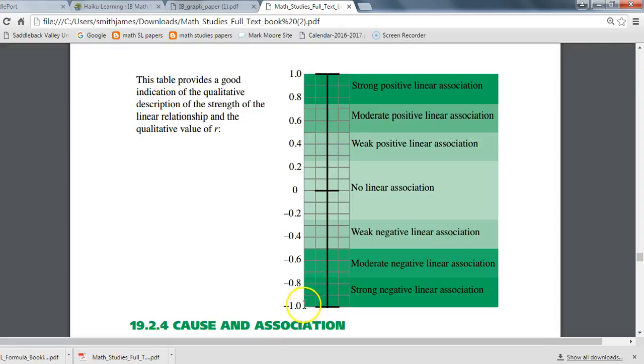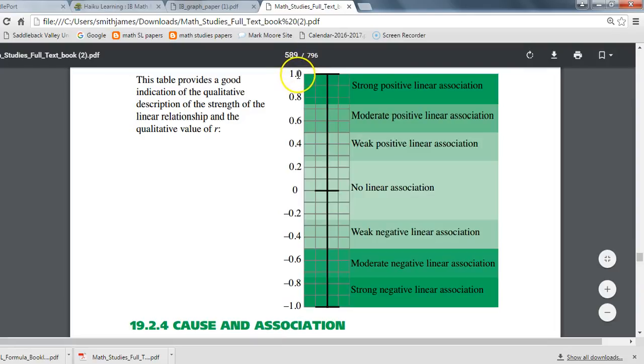So -1 would be a perfect linear relationship going downward. This would be a perfect linear relationship going upward, which we tend to not get. But you can now gauge your response based on this green chart. If it's somewhere between 0.8 and 1, we'd say that's a very strong positive relationship.